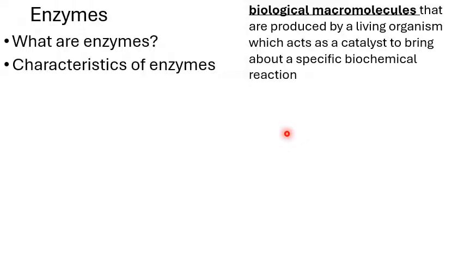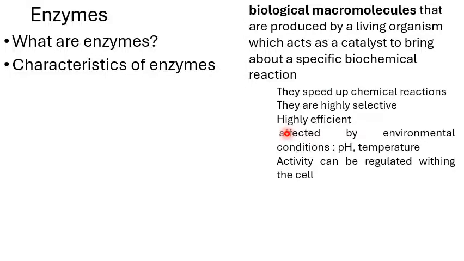So what are the characteristics of enzymes? Enzymes have specific characteristics that distinguish them from every other substance that is produced within the living cells. One of the characteristics of enzymes is that they speed up chemical reactions, like I said. Some of these reactions are happening within the cells.